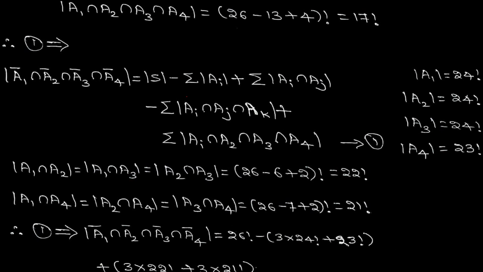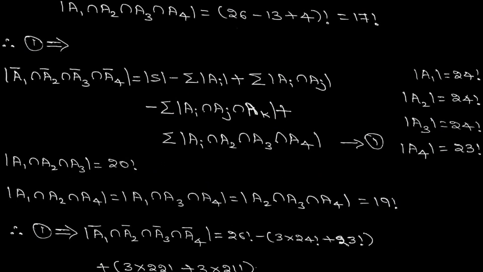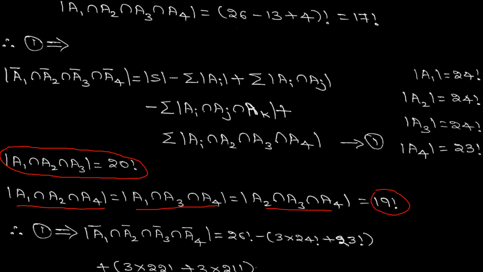And now let us go for the possibilities of 3 combinations. The cardinality of A1 intersection A2 intersection A3 is 20 factorial. And then for the other possibilities, the answer remains the same as 19 factorial, which we have already found. So in this place we write 20 factorial plus 3 times 19 factorial, because 19 is repeated 3 times here, here and here.